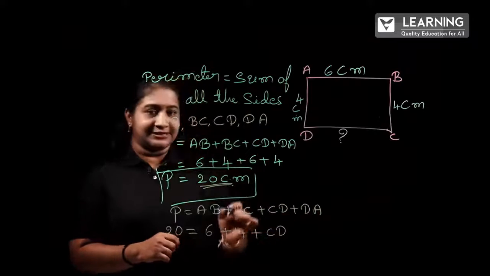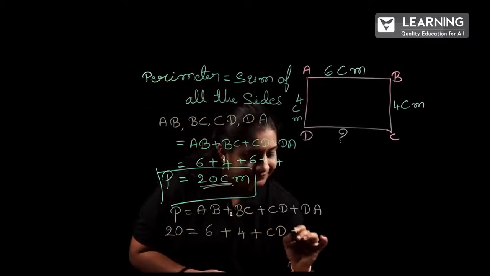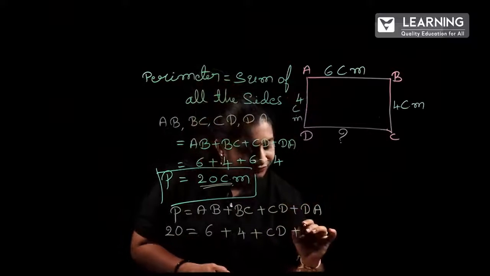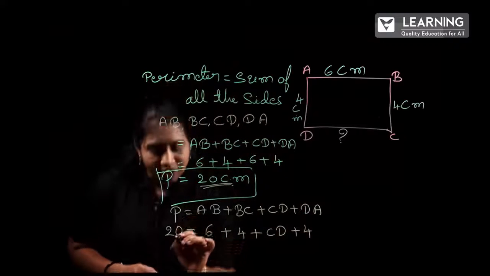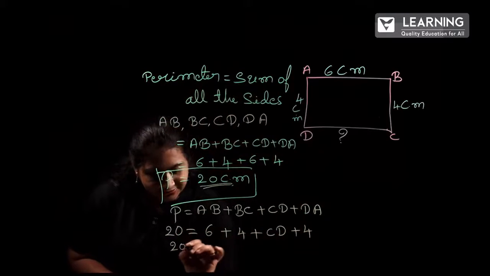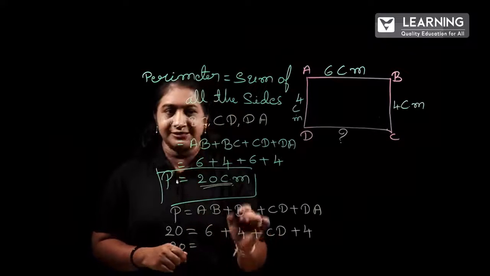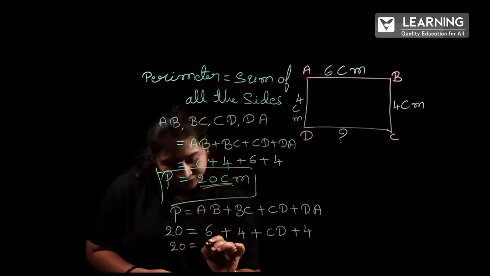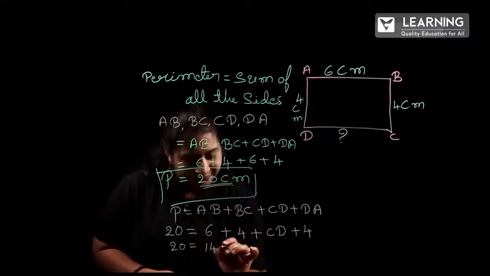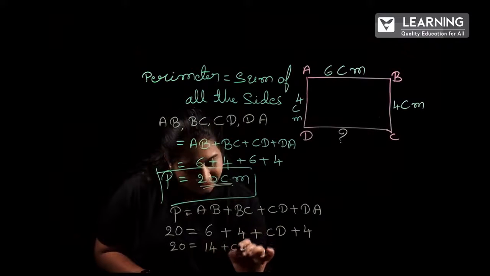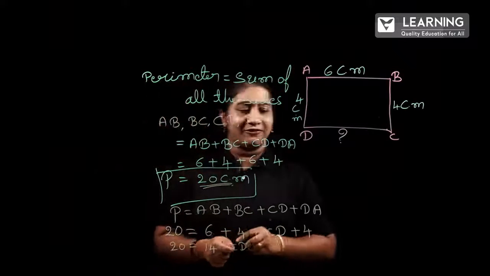I will put CD as it is and DA is 4. Now 20 is as it is. We have to add all the values. 6 plus 4 is 10, 10 plus 4 is 14. Then we will keep the CD value as it is.